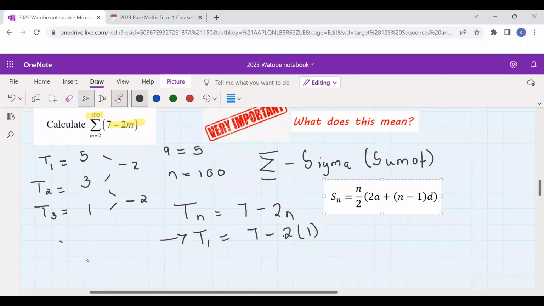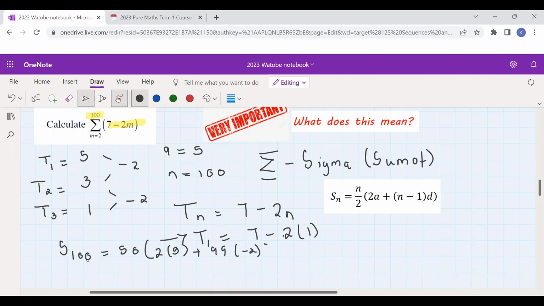So S of 100 equals 50 times 2 times 5 plus 99 times negative 2, which is equal to, yes, I also worked it out, Lefa, and that is correct, 9,400.